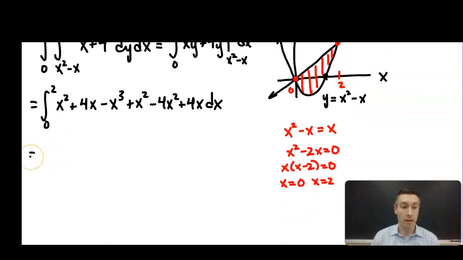Let's combine our like terms before we integrate. Less integration to do. So negative x cubed, and then we have negative 2x squared plus 8x, dx.